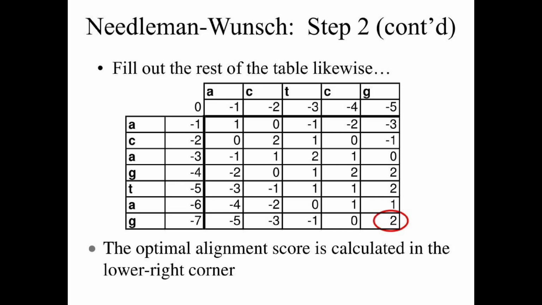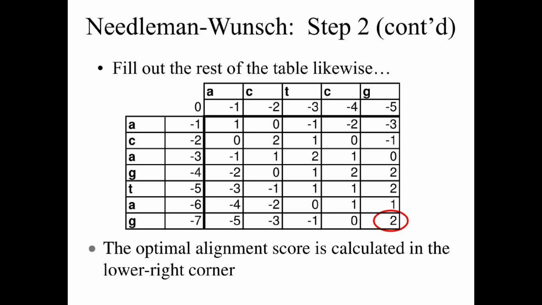The second column, in the same manner, we fill out the rest of it. We see that C is matching with C, so we provide 2. And the rest of them are 1, 0, -1.